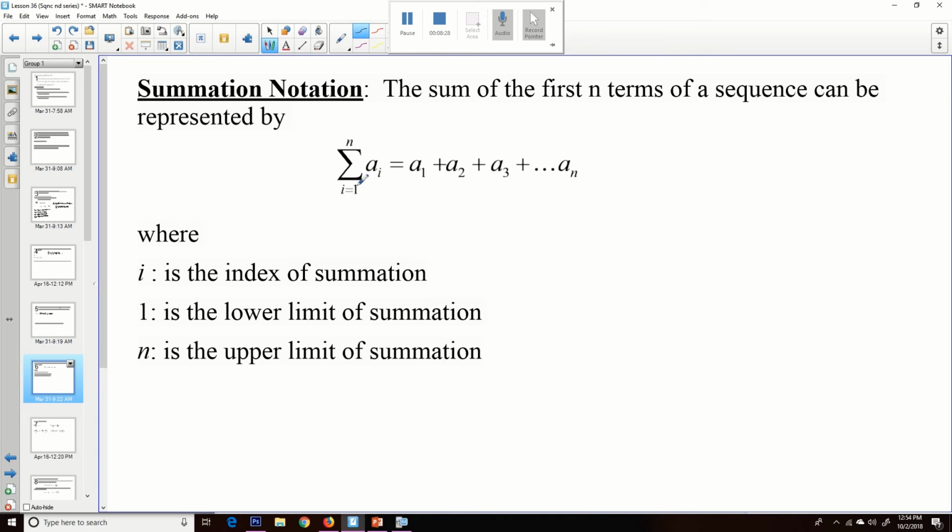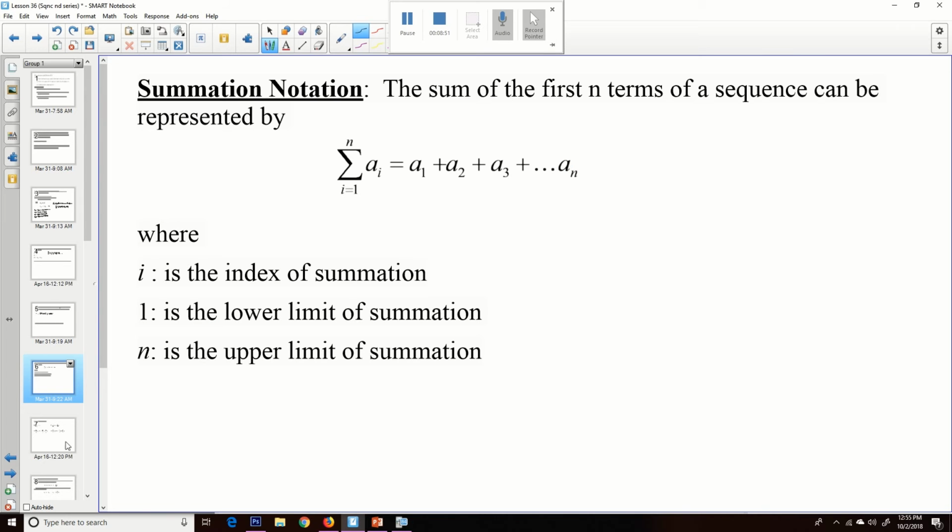It doesn't have to start with 1, it just usually does. Sometimes it starts with 0, sometimes it starts with 100, it just depends. And n is the upper limit of the summation. And so basically it says plug every number from 1 to n into this expression, and then add all of those values up.